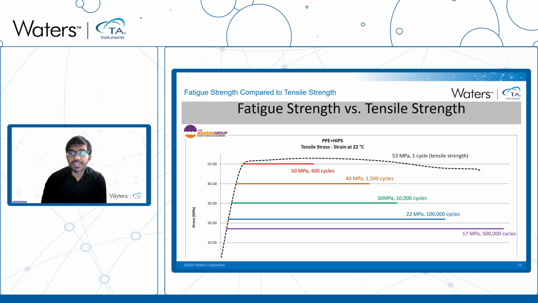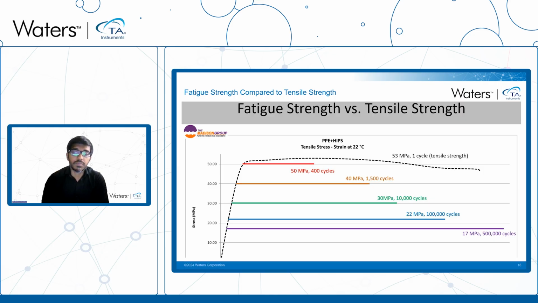In this plot, you can see that lower stress increases the life exponentially. For example, when the applied stress is lowered from 30 megapascal to 22 megapascal, there is an increase of fatigue life of approximately 10 times.